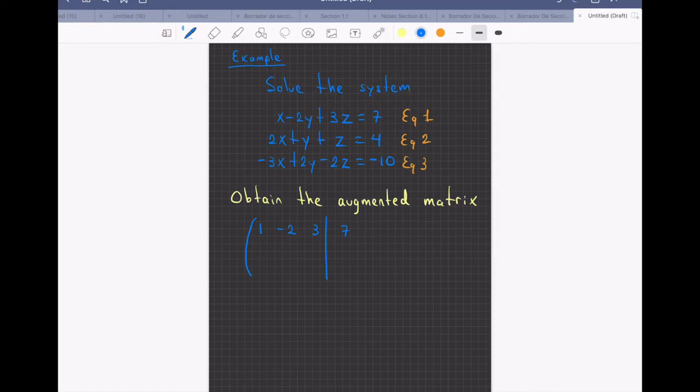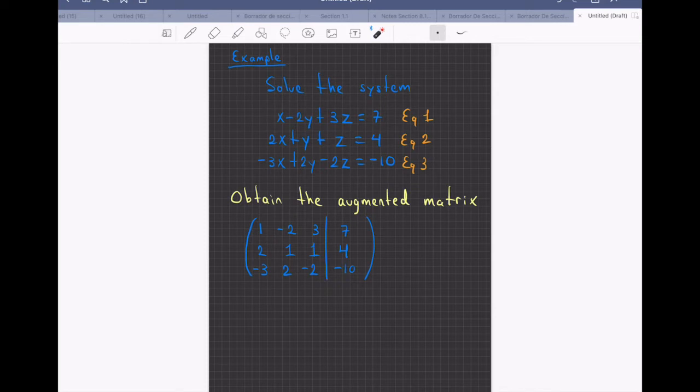And then for the second equation, 2, 1, 1, and 4. For the third equation, -3, 2, -2, and -10. And there you have it. Remember that when you see only the variable alone, like the x alone or the y alone, or the c alone, you have to assume that the coefficient is 1. So be careful with that.